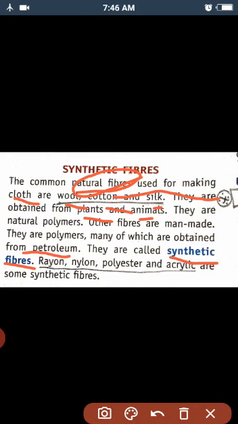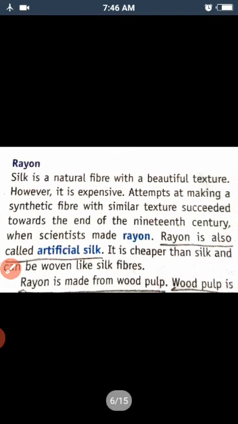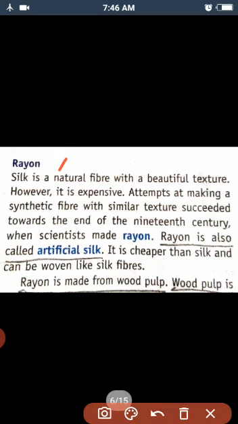Synthetic fibers used to produce useful things are rayon, nylon, polyester and some others. Now we see rayon. Rayon is compared to silk. We already get natural silk and use natural silk cloth, but it is very expensive.